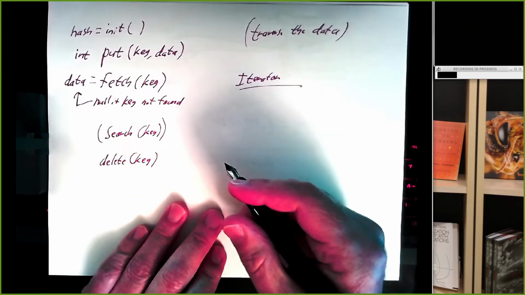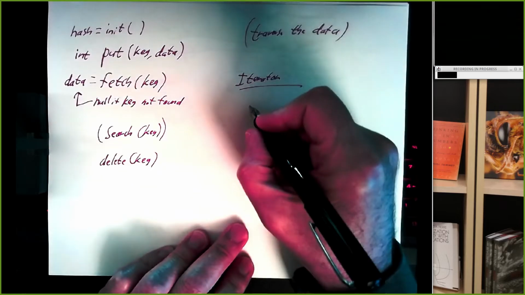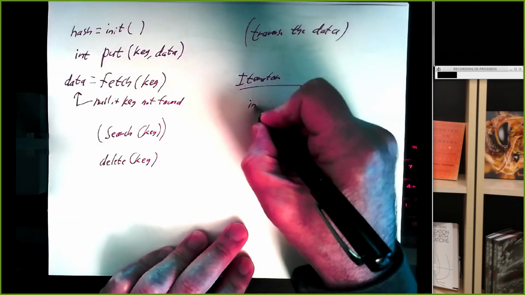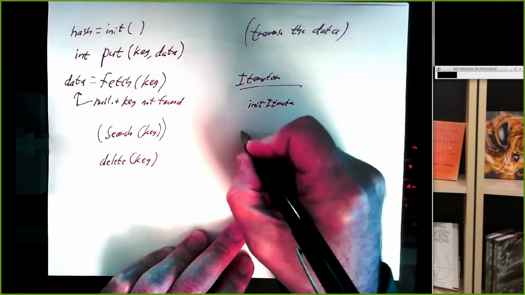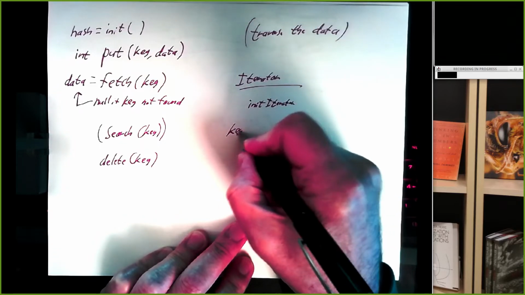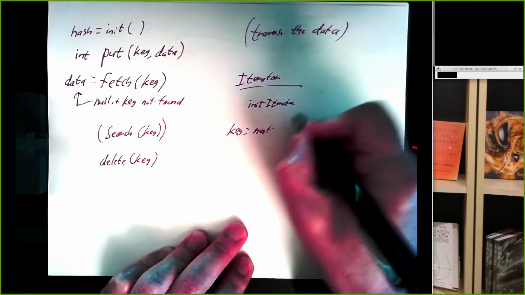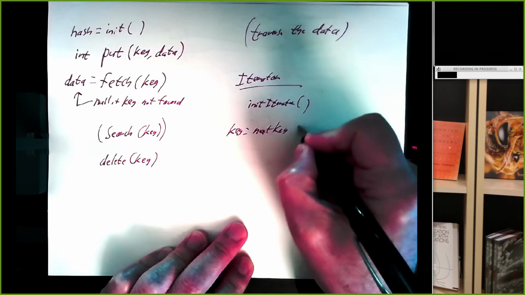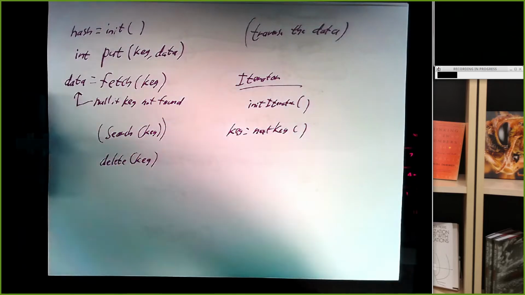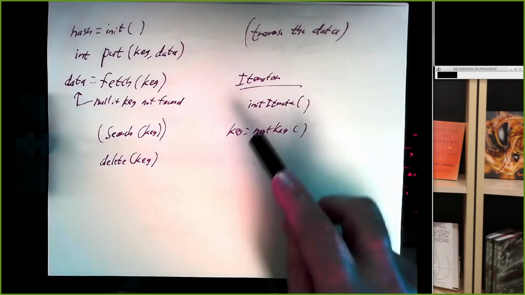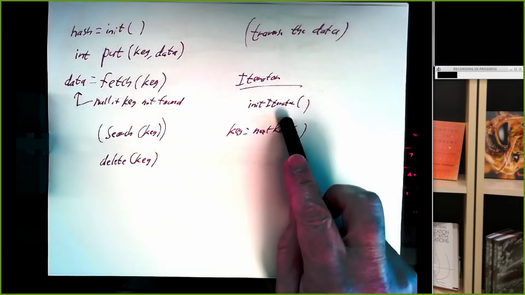So iterators usually come with a pair of functions. We could have initialize the iterator, and then some kind of next key function. And here's how this works. When we want to start going through all the data in the hash, first we call initialize iterator.